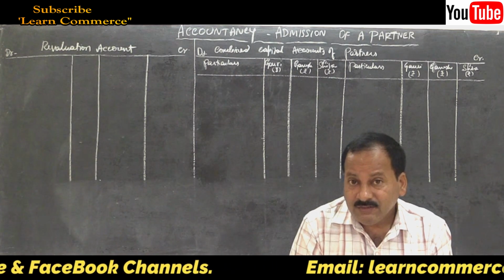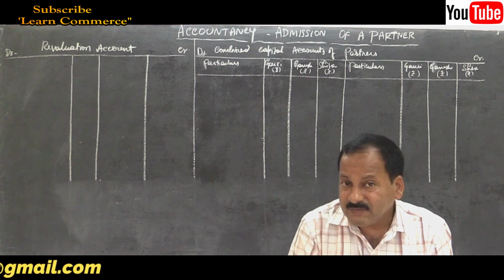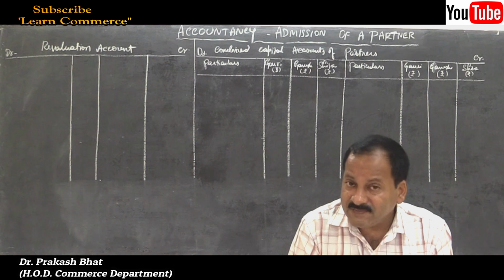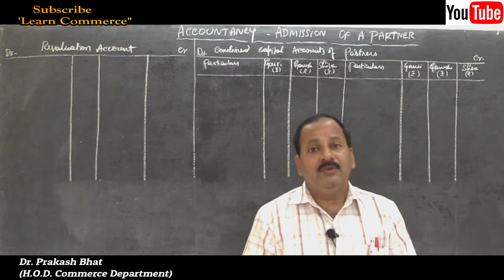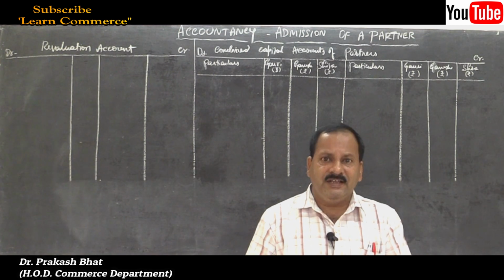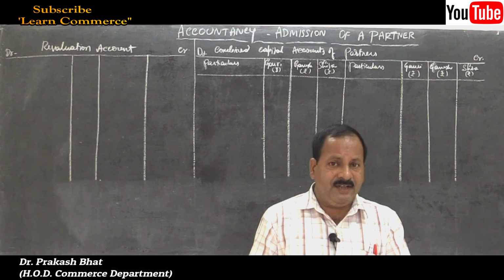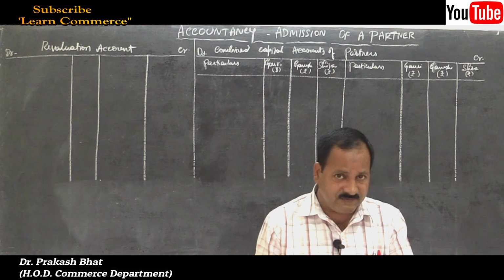So 1,100, that is 2,600 minus 1,500. 1,100 excess PDD should be debited to revaluation account because that is the amount which is increased in the value of PDD. To that extent, the asset value decreases, debtors value decreases.